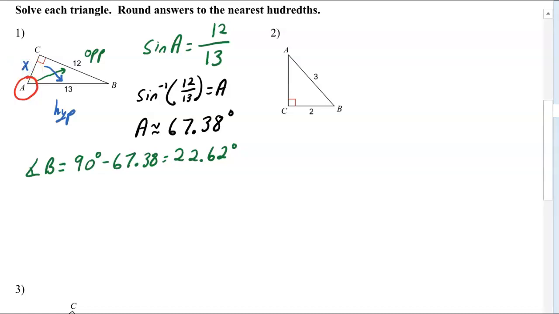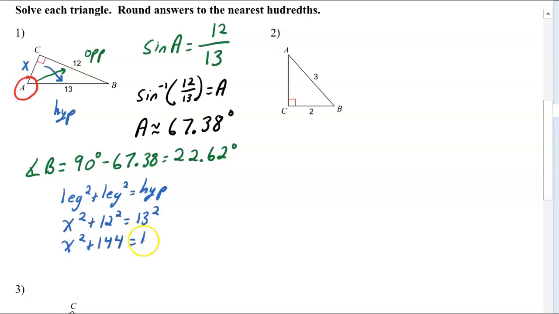In order to find the missing leg, I'm going to call it x. I'm going to go back to the Pythagorean theorem that leg squared plus leg squared is hypotenuse squared. So I'll say x squared plus 12 squared is 13 squared. So x squared plus 144 is 169.